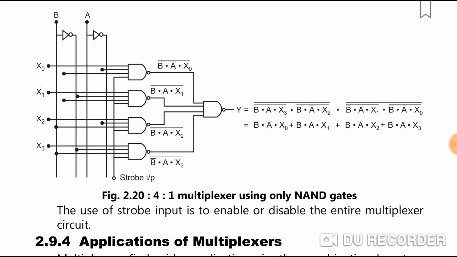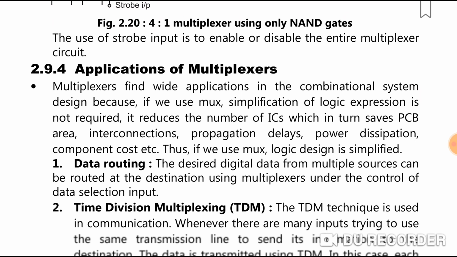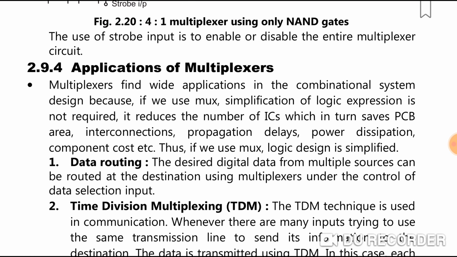It is a circuit with only NAND gates and NOT gates. 5 NAND gates and 2 NOT gates are there. It can be connected in this way to get the multiplexing process. The use of strobe input is to enable or disable the entire multiplexer circuit.